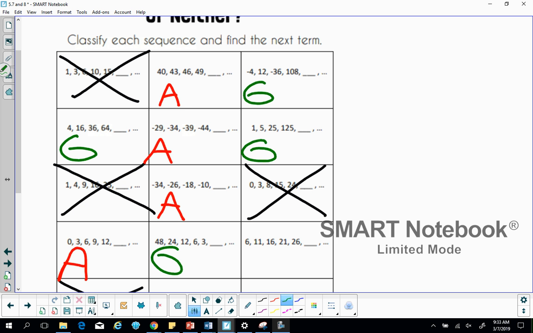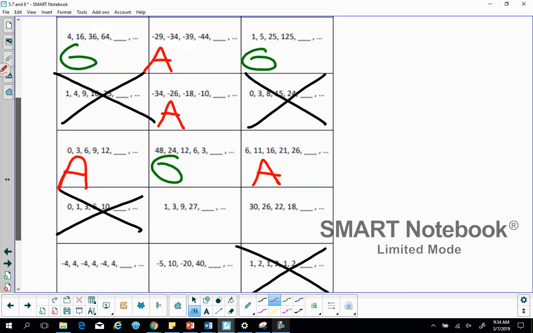G. Damon, what's the next one? Is it adding over and over or multiplying? Adding, so what is it? A. Okay. Steven, what's this one right here? A or G? G, good.